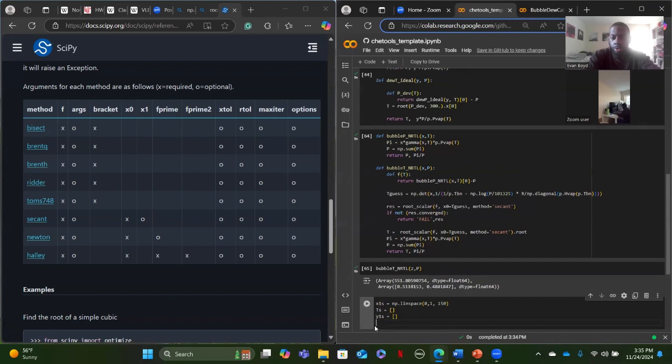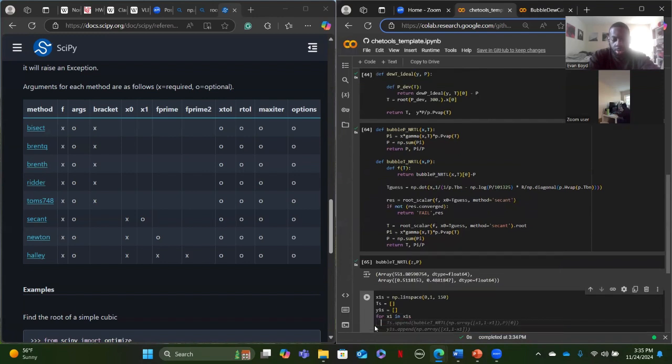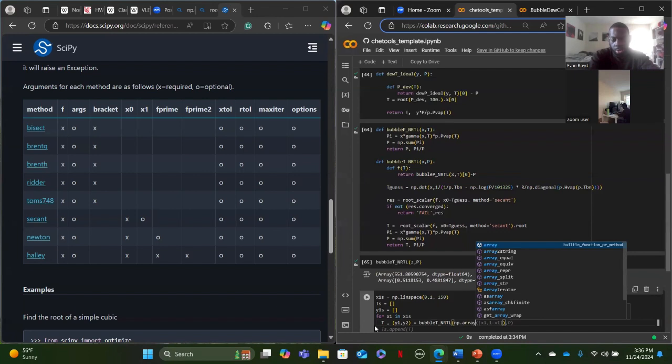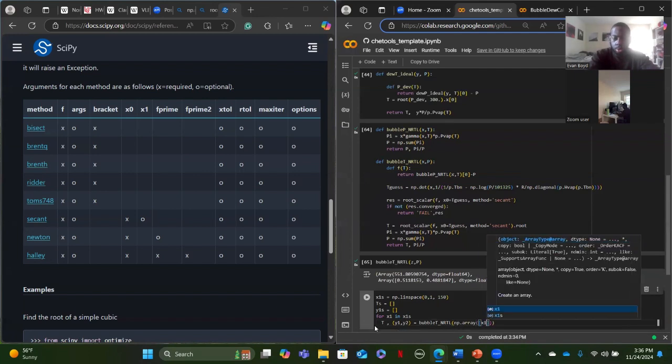Okay. So now we'll do for X1s. We would do temperature and then our Y1s and Y2s equal to our bubble T and our TL, and then P dot array of our X1 and then 1 minus X1.